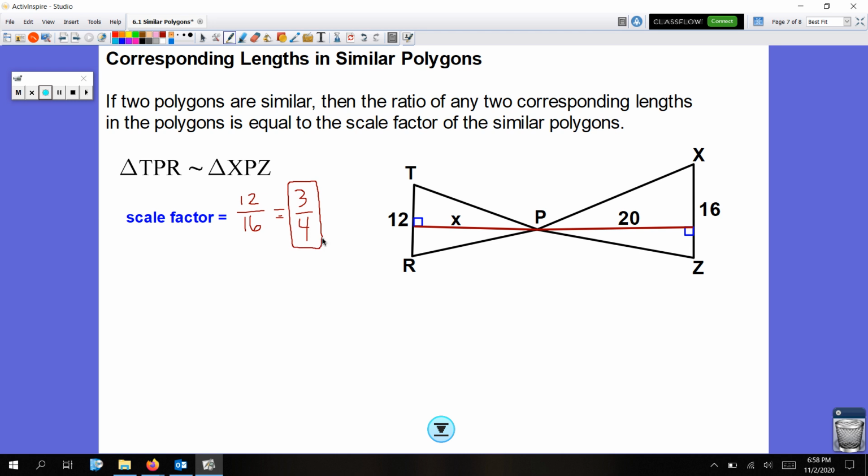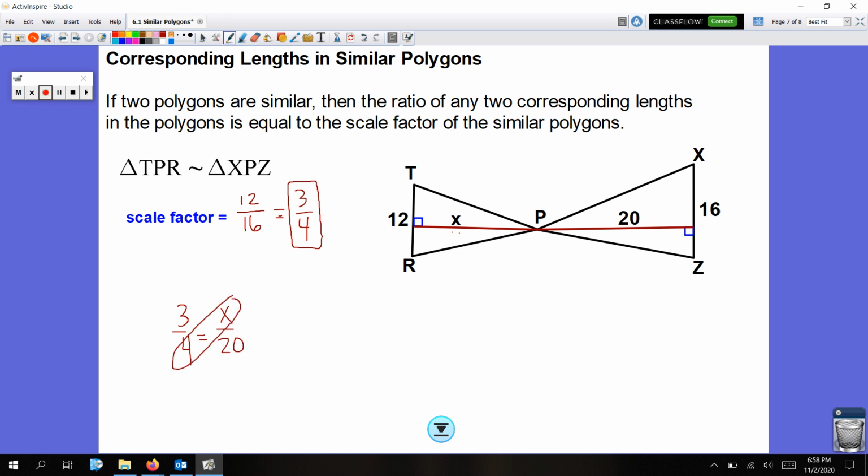We're going to use that to solve for x. So we're going to start with our scale factor, 3 over 4. And now x is the height or the altitude of the smaller triangle, right? 3 is smaller than 4, so it's going to go in the numerator. And 20 is going to go in the denominator because that's the corresponding altitude of the bigger triangle.